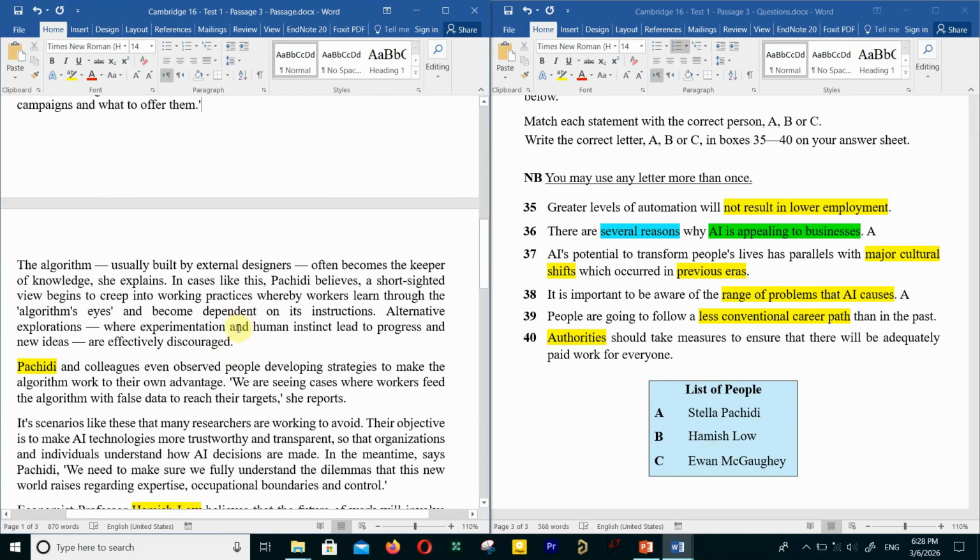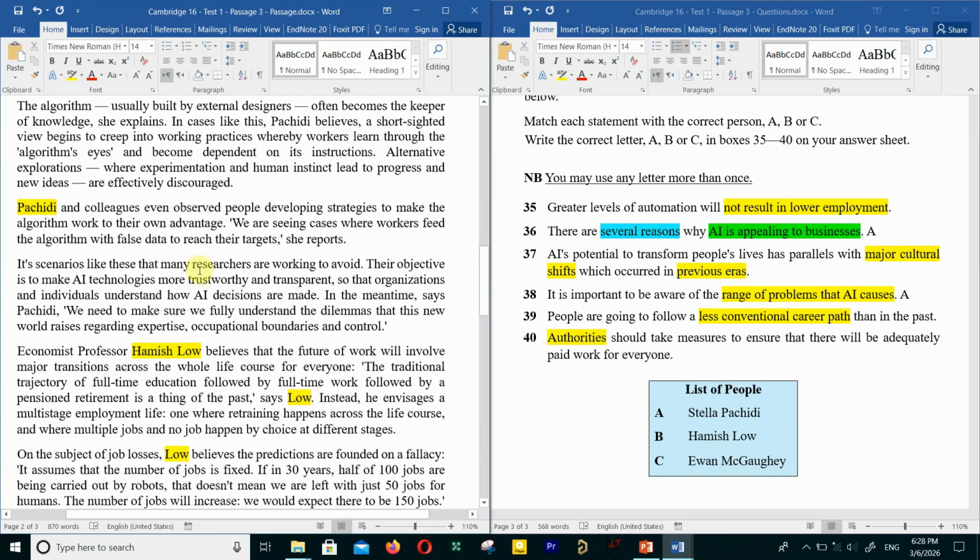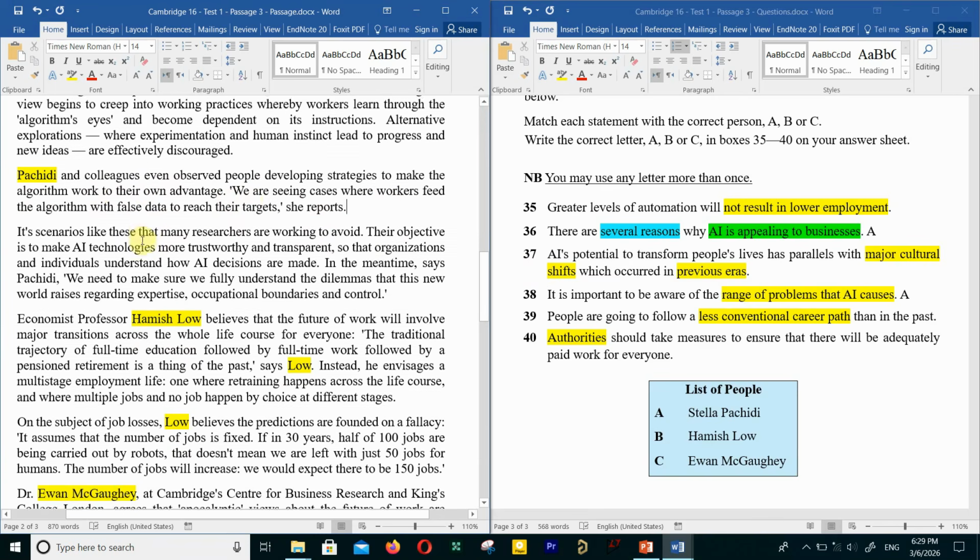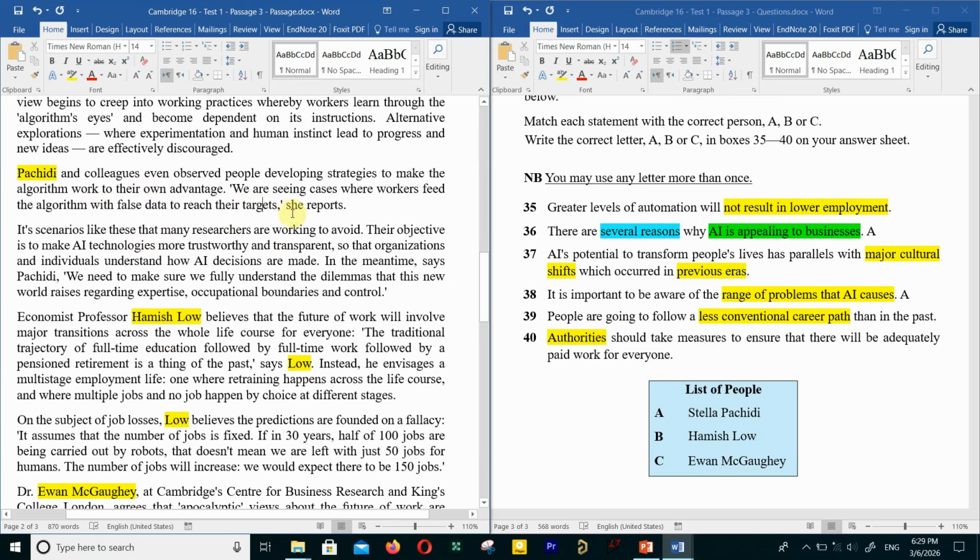Now, how about the next person? You can again go through all of this, but just for the sake of saving time, okay? And here this is the one. We are seeing cases where workers feed the algorithm with false data to reach their targets.